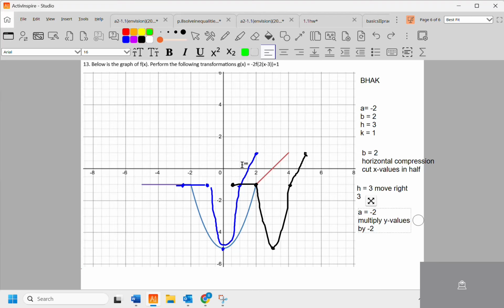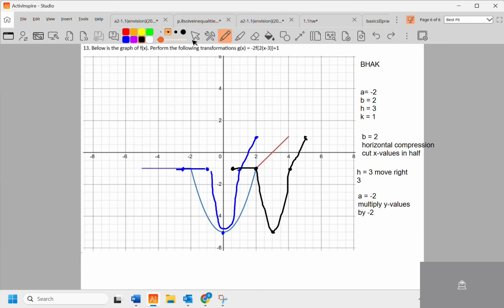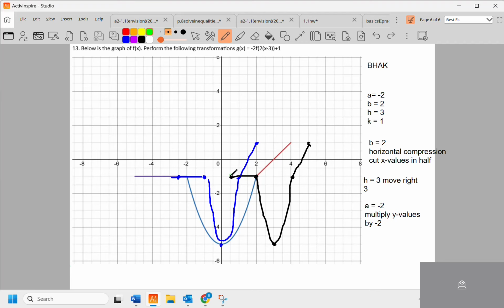There's a y value here. It's at -1. And if we multiply it by -2, it would be at +2. All right, -1 times -2 is +2. There's one down here at -5. Now, here's a problem.